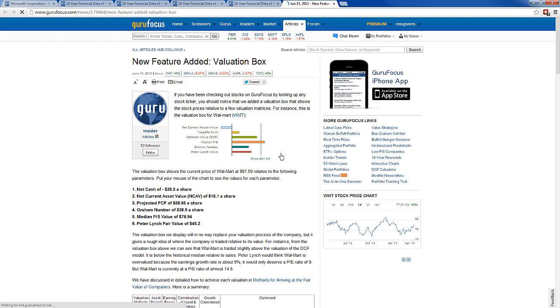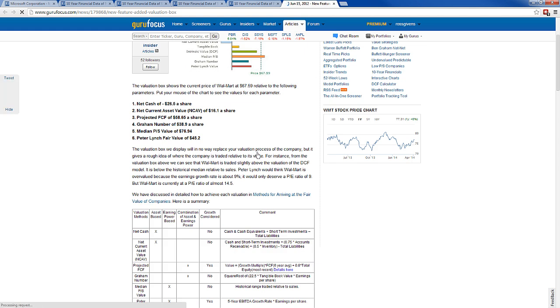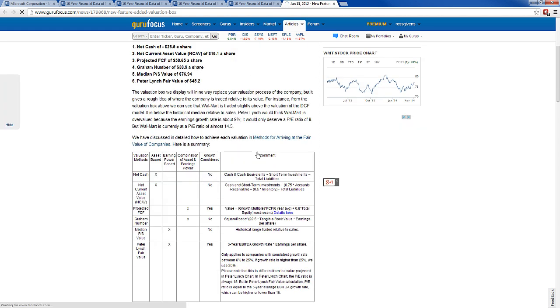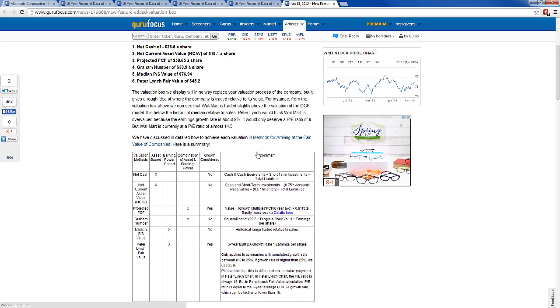You will see we explain in detail how each one is calculated. And here I want to emphasize that when you buy a company, you want to know what you are buying. You want to know whether you are buying the assets or buying the future earnings power. So when you are buying the assets, the book value or net current asset value are important to you. But when you are buying the earnings power, the median PS ratio and Peter Lynch fair value will be very helpful to you.